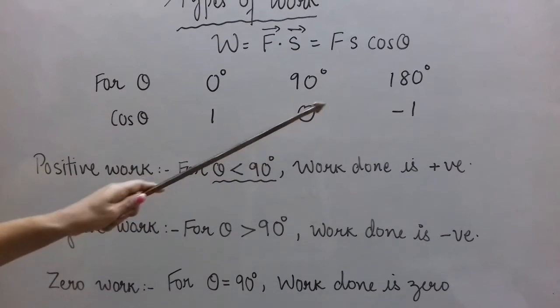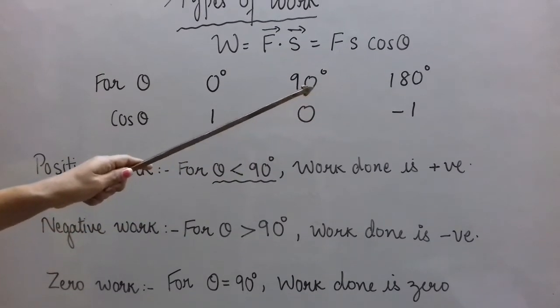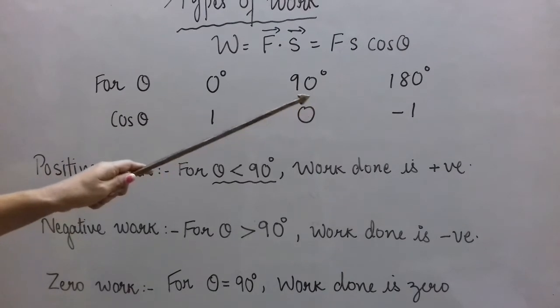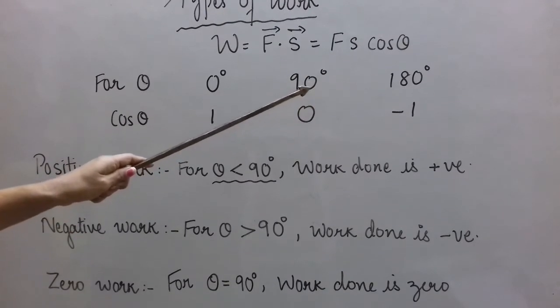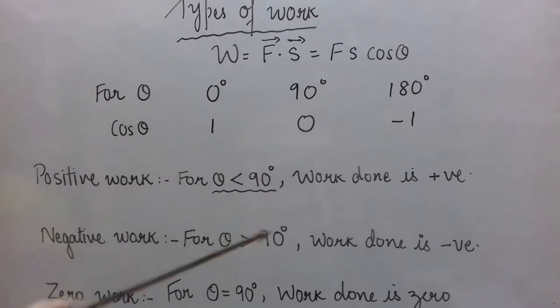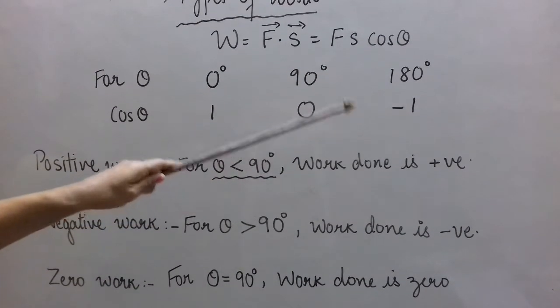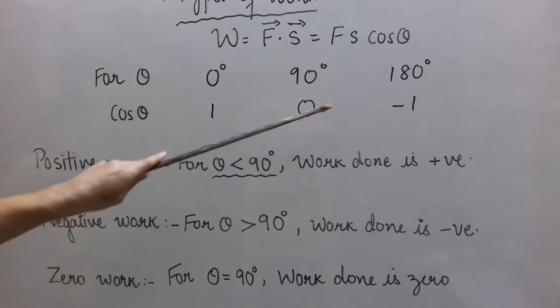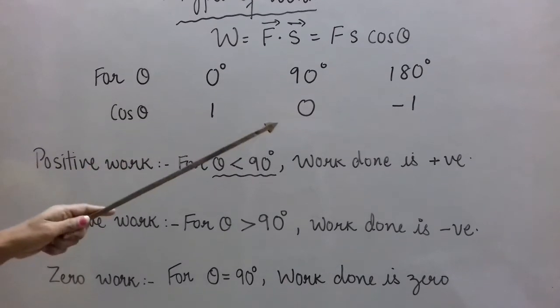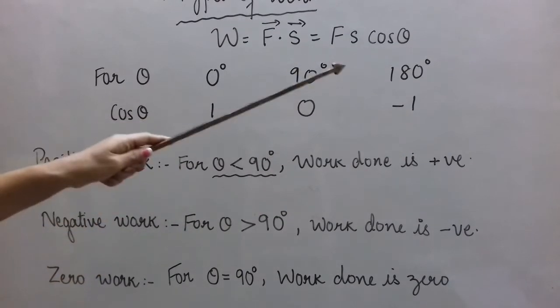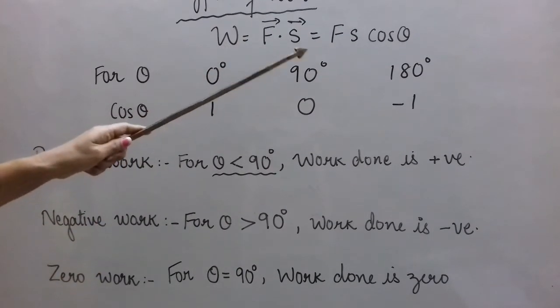When theta is greater than 90 degree, it means when force and displacement are inclined such that angle between them is obtuse. Then in that case, cos theta will be lying in this range. It will be less than 0 and greater than minus 1. It means cos theta will be negative.